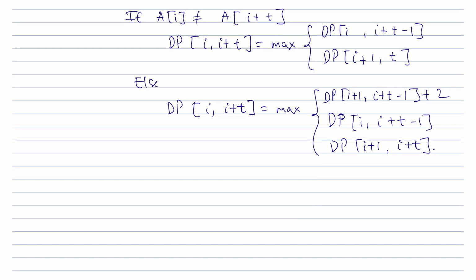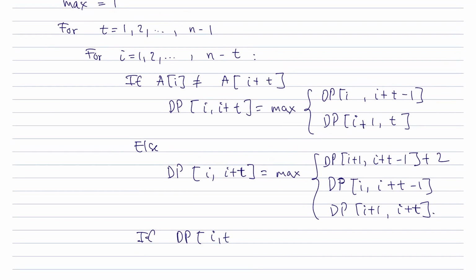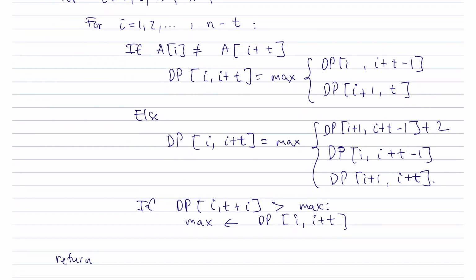So at the end, originally we can set max to 1, and if dp[i][i+t] is larger than max, we can update max, right? And at the end we can just return max.